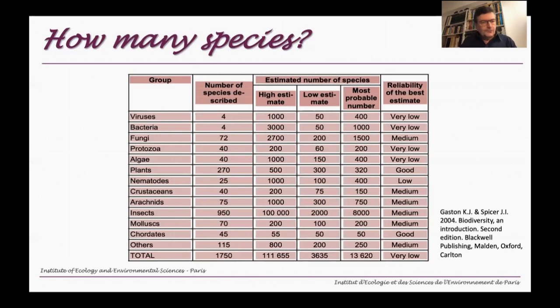It is good for big organisms like plants and vertebrates, but very poor for small organisms like microorganisms. However, today, most scientists estimate the real number of species between 8 and 12 million.